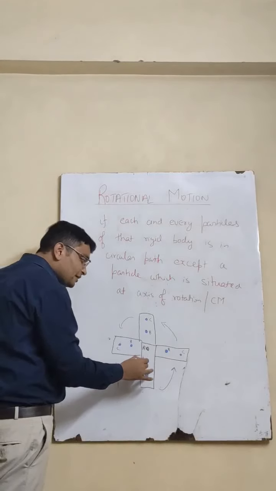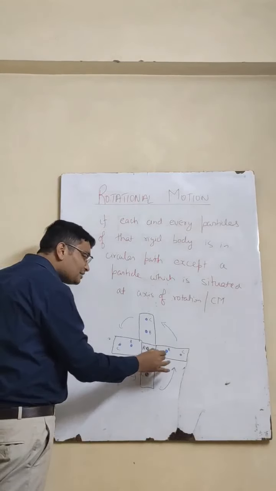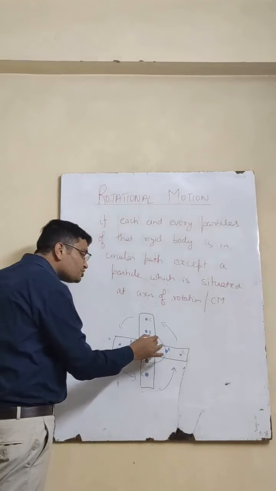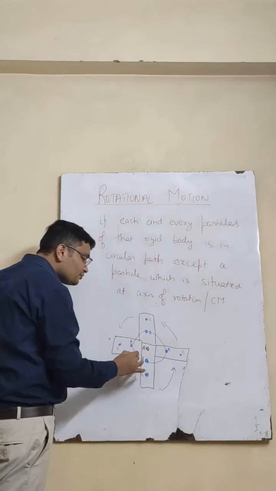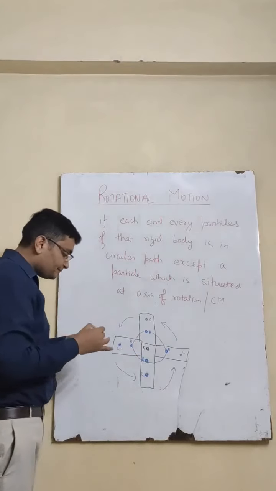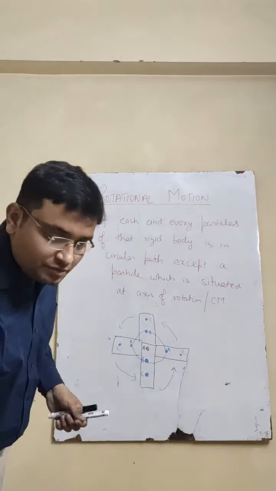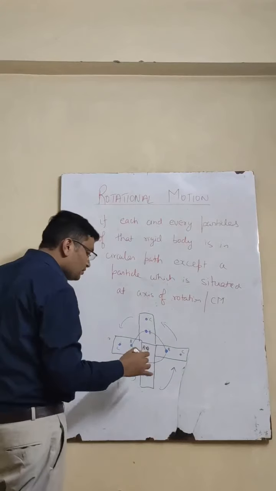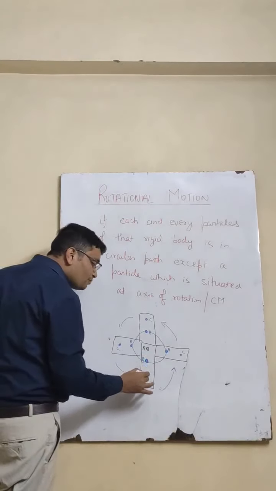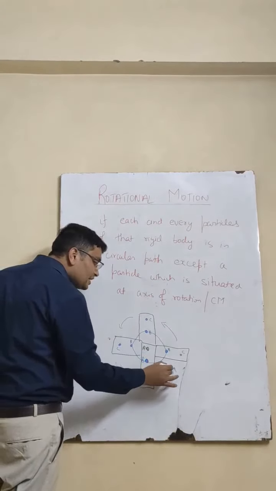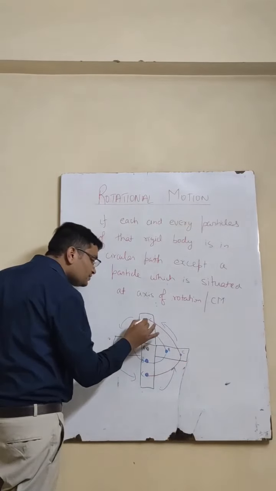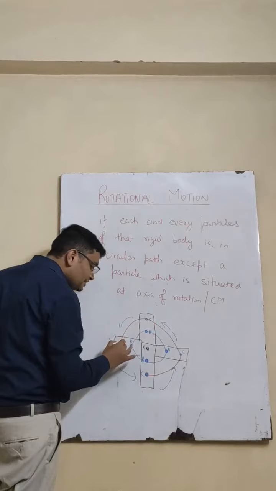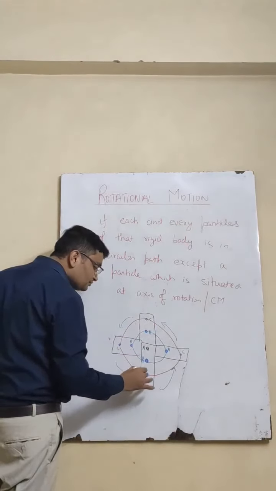When I join the path followed by the particle B, I observe that this is a circular path. Let me use one more color. When I join the path followed by C, I again observe that this path is a circular path.